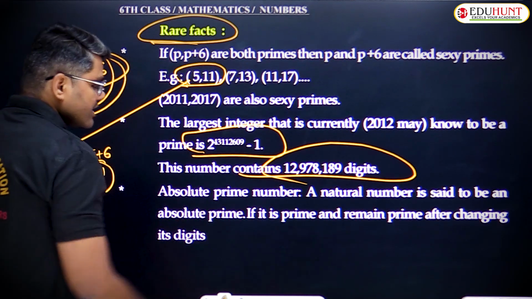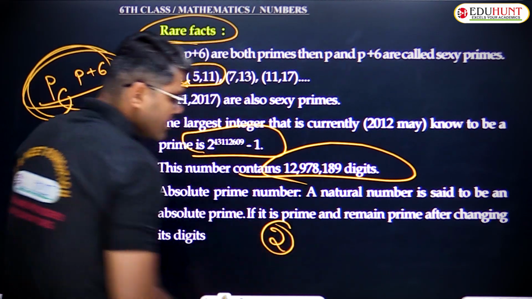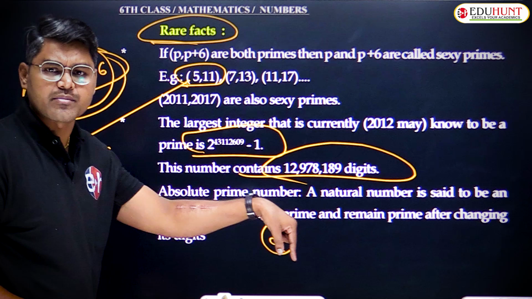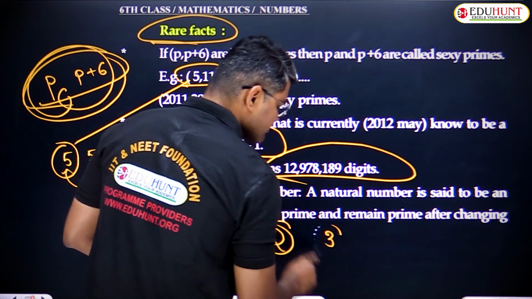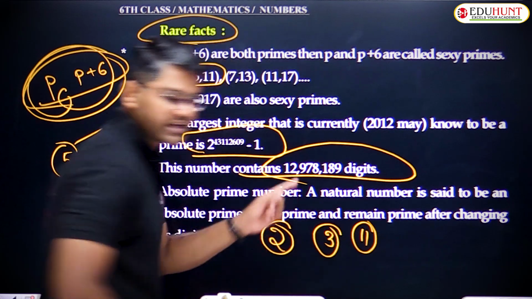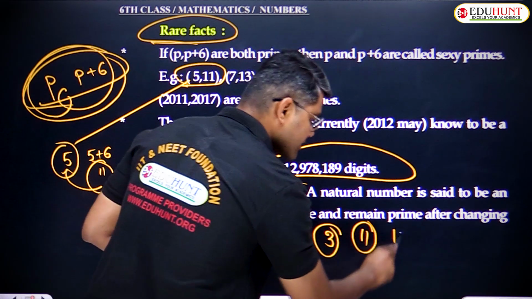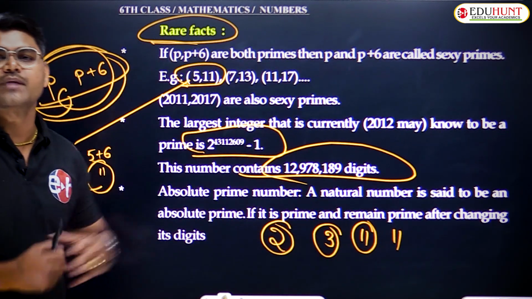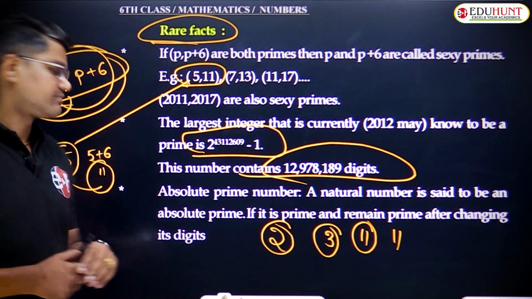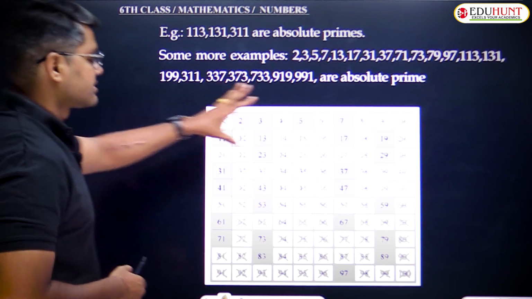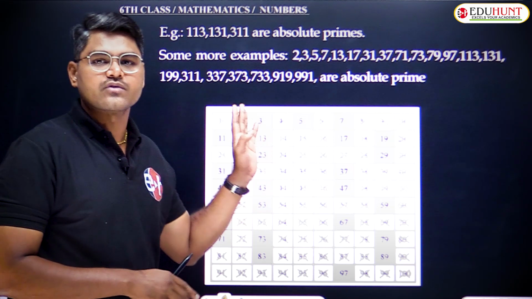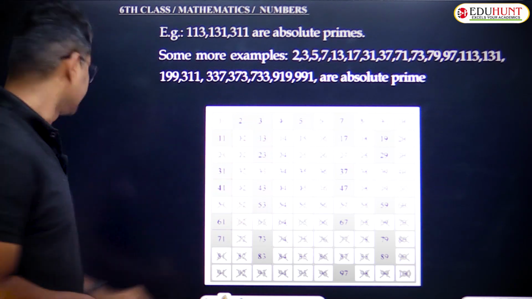For example, 2 is a prime number, and this is an absolute prime also. For example, 3 and 11. 11, if I change the digits, that becomes 11 only. So this is an absolute prime number. Right. If we observe this diagram, we can understand what are prime numbers and what are not.